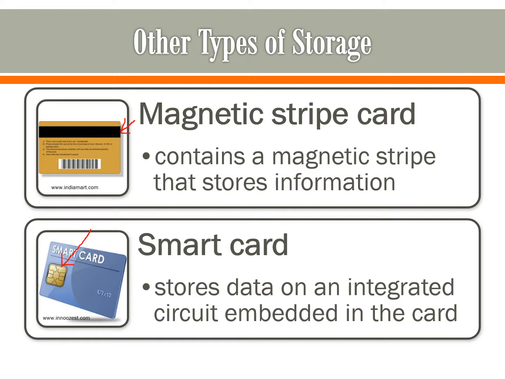The older technology used magnetic stripe. Less and less cards are using magnetic stripe because the magnetic stripe can easily be gone with time, meaning that it doesn't last long.